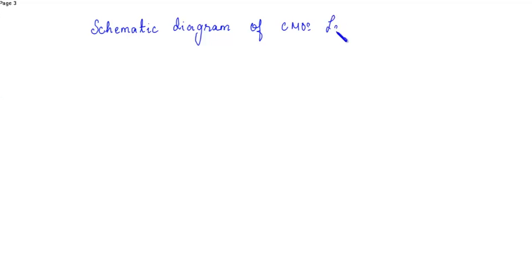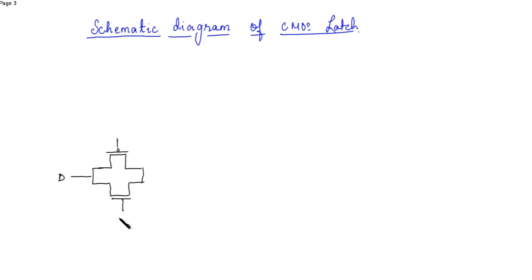If we use the transmission gates in a CMOS latch, then the schematic will be one transmission gate over here, this is PMOS and NMOS, this is the input D, this is the control input C, and this is C bar, the complement. Then we will place two inverters over here.